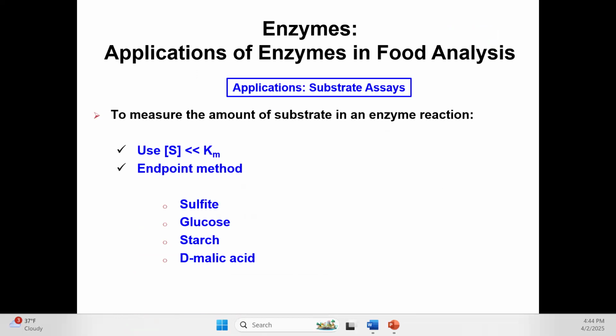Here it shows that we can measure certain constituents using enzymes. Sulfite is important because of sulfite sensitivity. In order to put on the label whether it's sulfite free or less than a certain parts per million, we can measure sulfite in a product using enzymes.